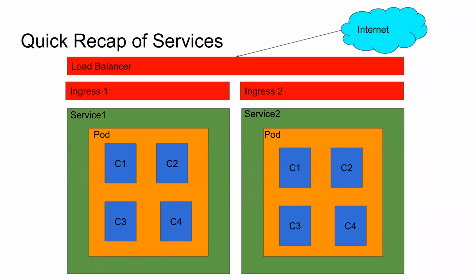So you will have only one load balancer, and then Ingress controllers and Ingress resources will be responsible for routing traffic to a specific service, okay? As you can see, there is only one load balancer here.